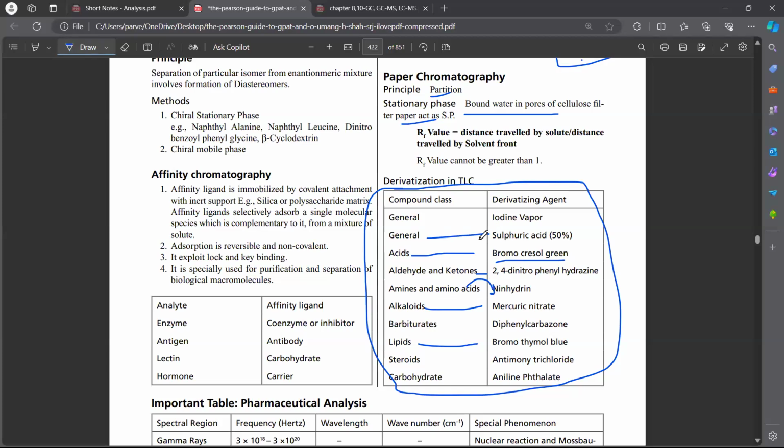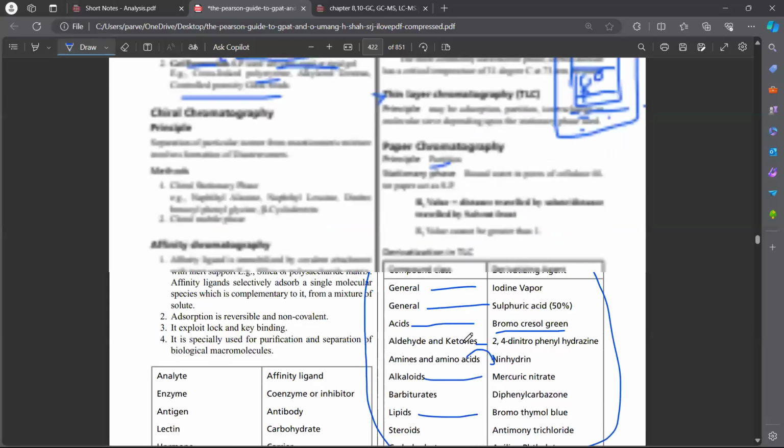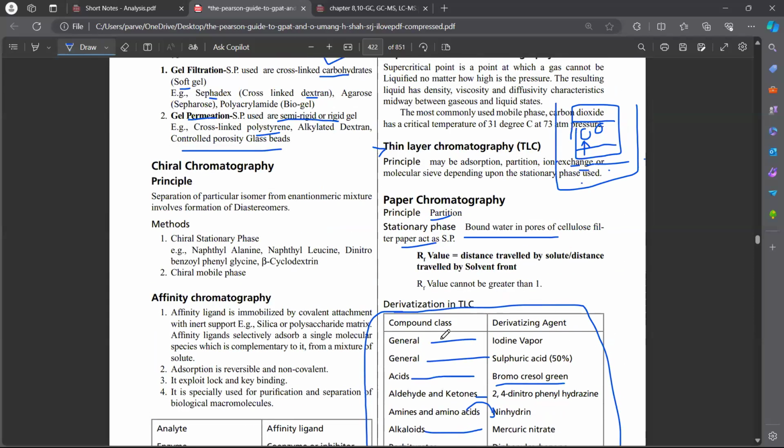There is a specific name, I think, a charring agent or something, which is known for sulfuric acid. Iodine vapors are also used. These are the different classes of compounds and agents used, including the charring agent.